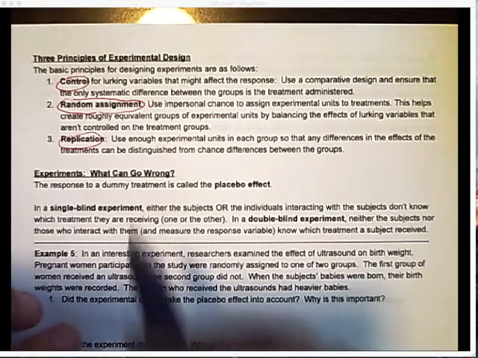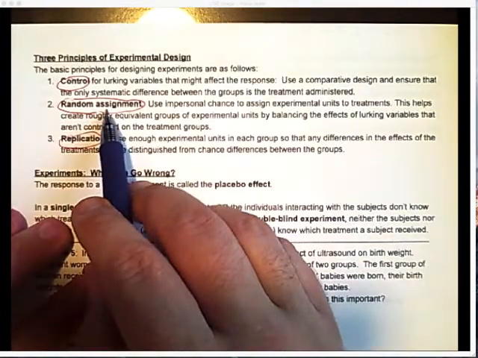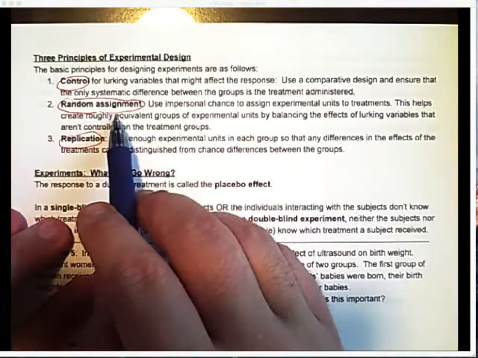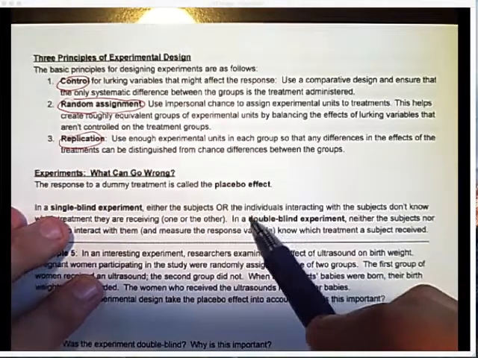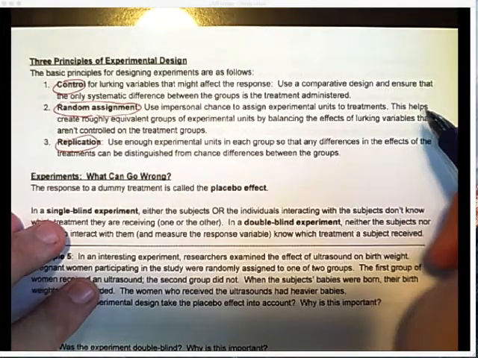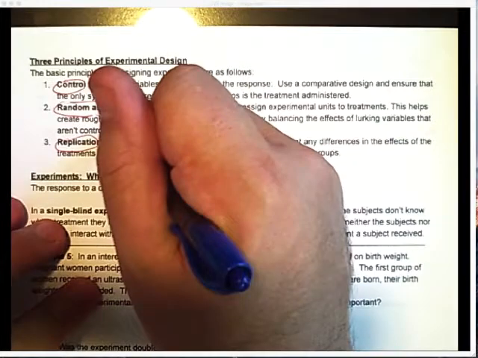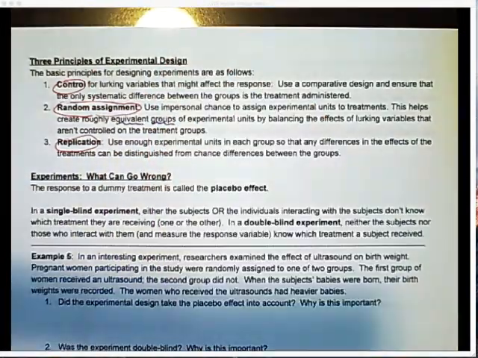All right. Random assignment. All right. So we're going to randomly assign people to multiple groups, and we want each group to be roughly equivalent. Okay, you probably want some men, some women. You probably want, you know, a fair number of old people and young people.